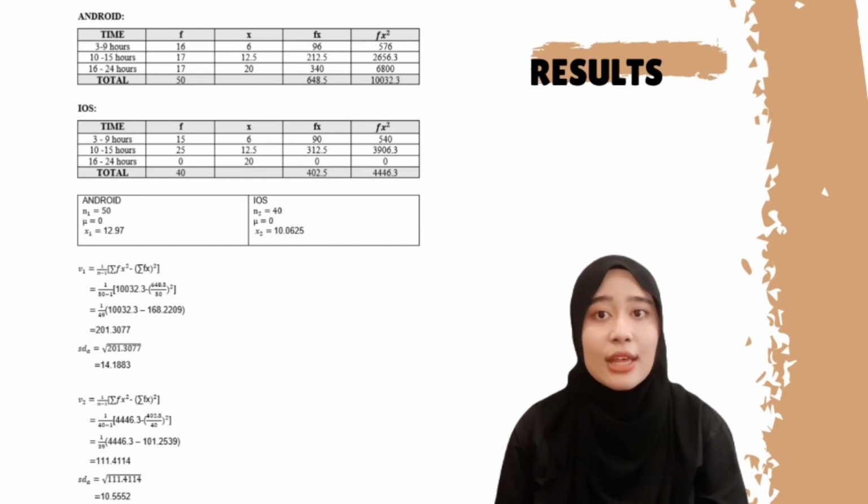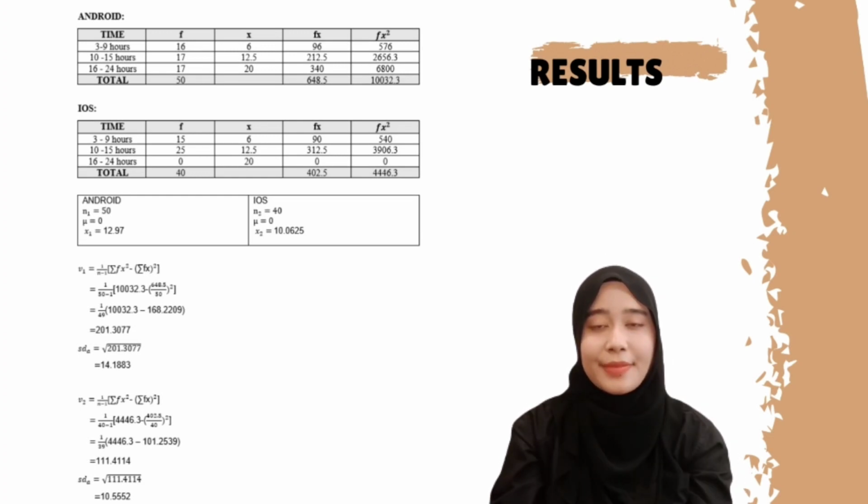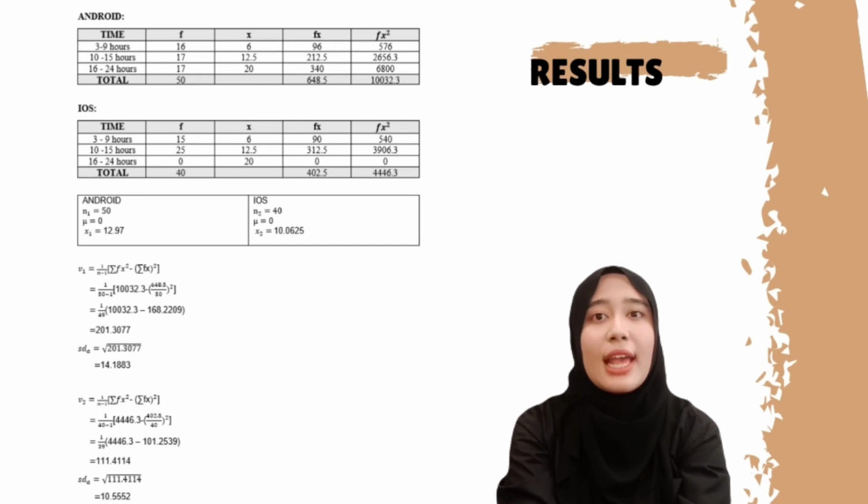For iOS, 40 people use iOS as their smartphone. 15 people said that their battery life lasts for 3 to 9 hours, and the rest said that their phone batteries last for 10 to 15 hours. For Android, we call it n1, while for iOS it is n2.